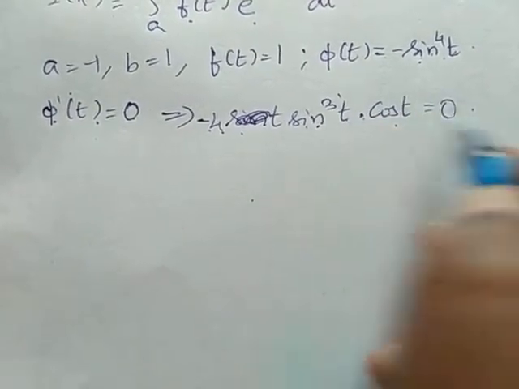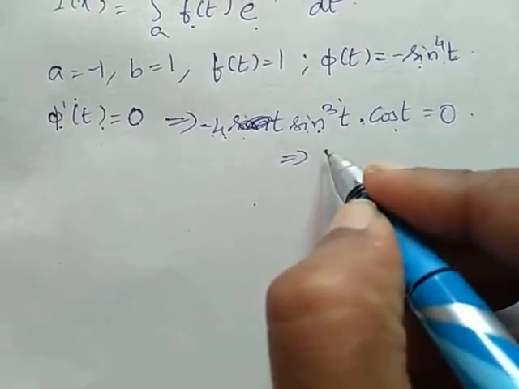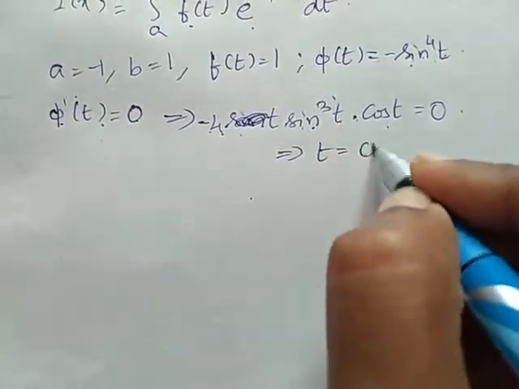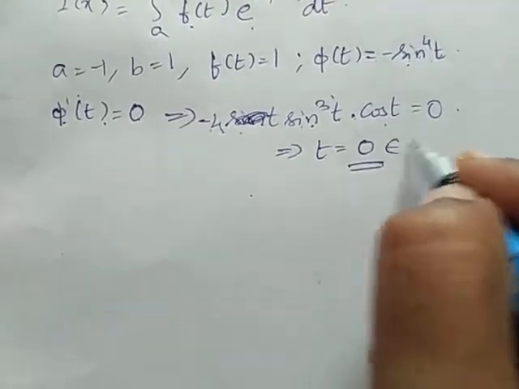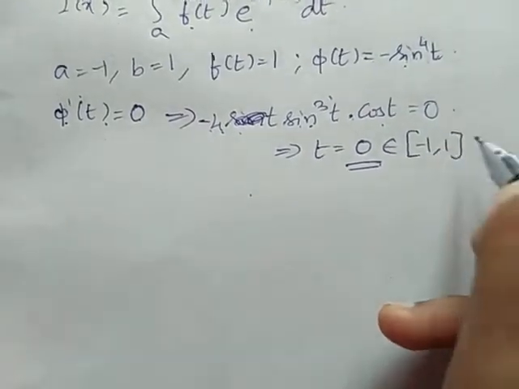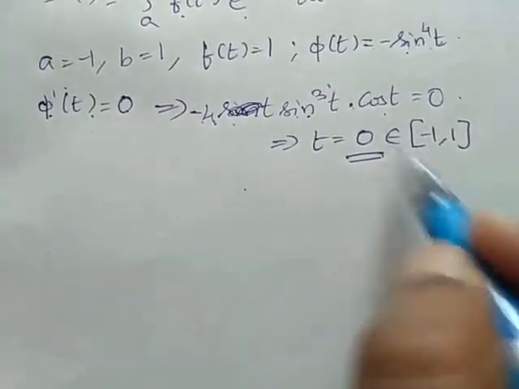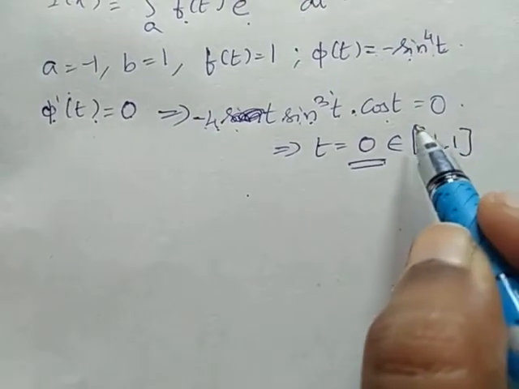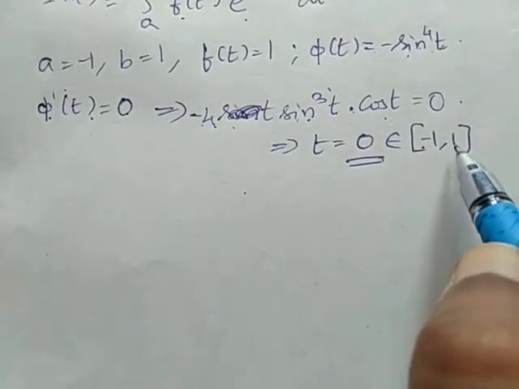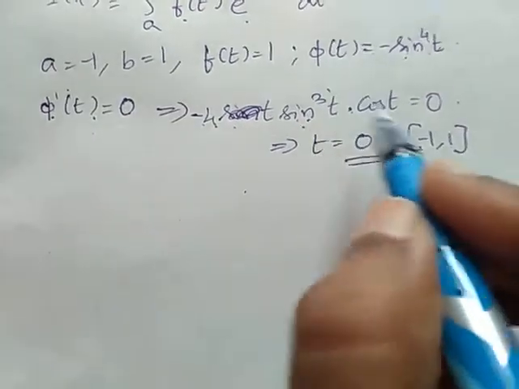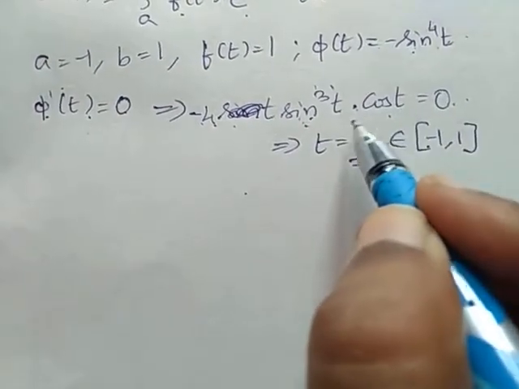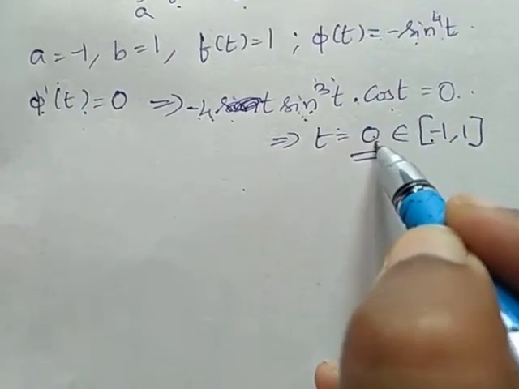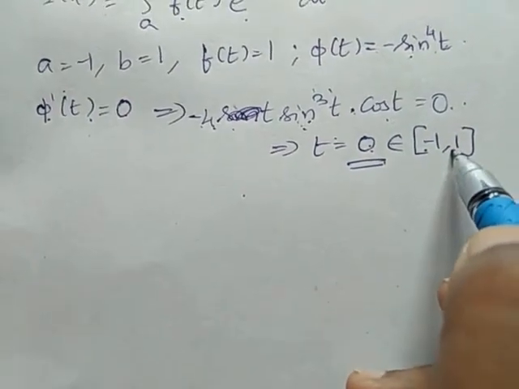So this equal to 0 implies t is equal to 0, because the point should belong to the interval -1 to 1. We cannot take any other point. Our region is between -1 and 1. So from this, sin t equal to 0, that implies t is equal to 0 and it belongs to our interval.